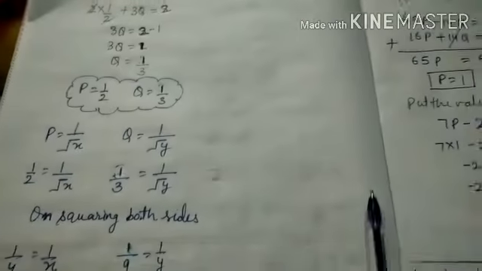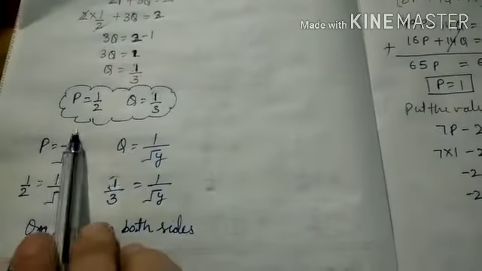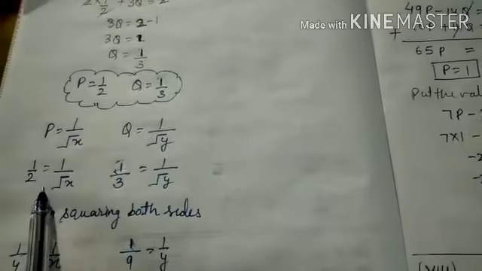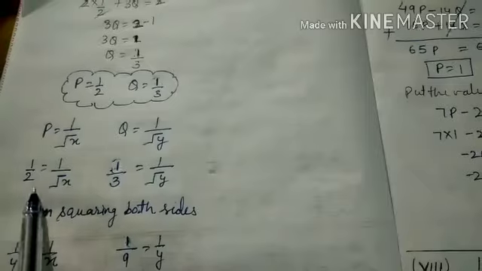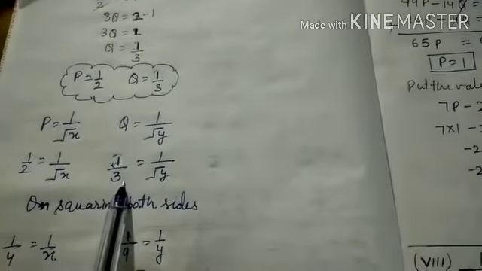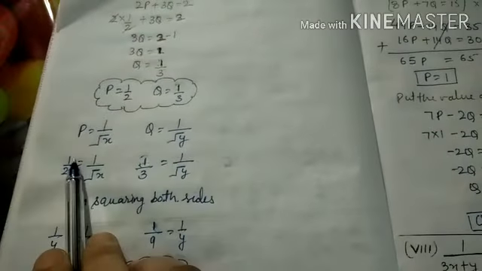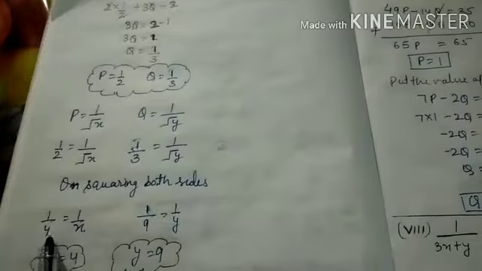Again, we will replace the value as we let. p is equal to 1 upon under root x and q is equal to 1 upon under root y. The value of p we have 1 upon 2 and the value of q we have 1 upon 3. On squaring both sides, the square of 1 is 1 and the square of 2 will be 4.